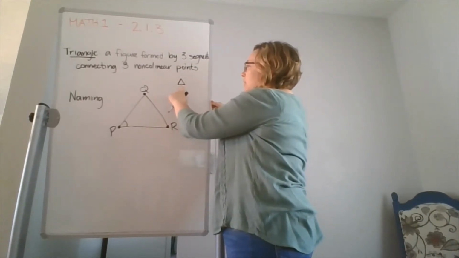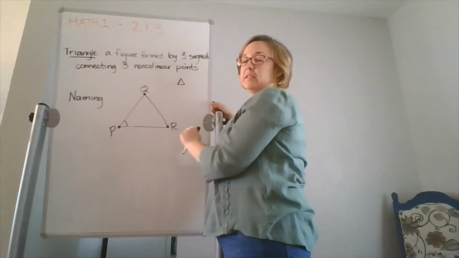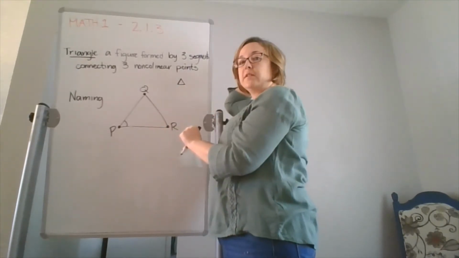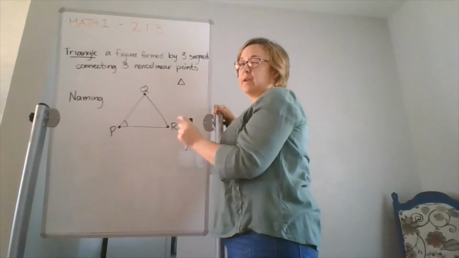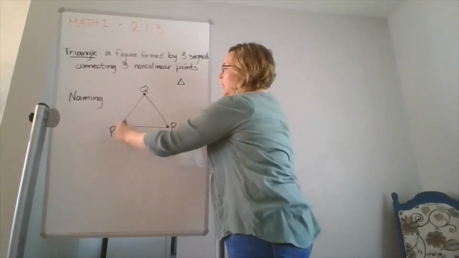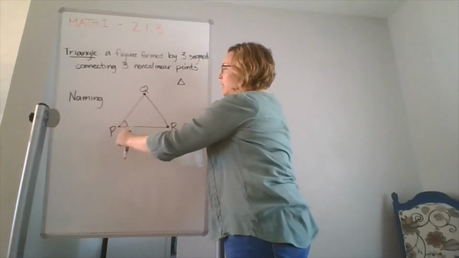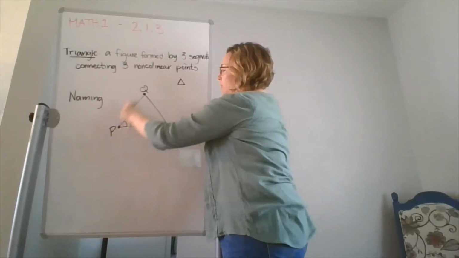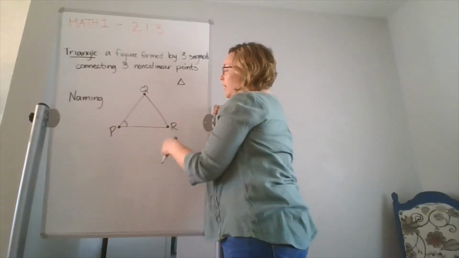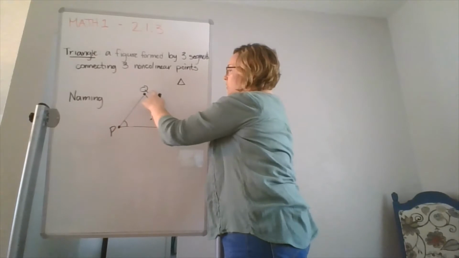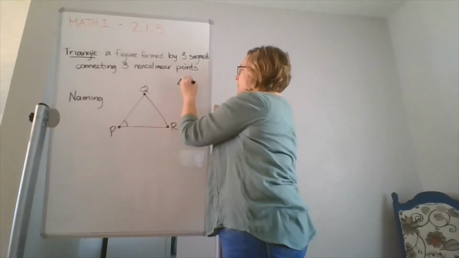So we're going to put a little triangle, and then we're going to list the names of our vertices in a clockwise or counterclockwise order. In other words, we're going to go around the triangle. So it's going to go P, Q, R would be one option.